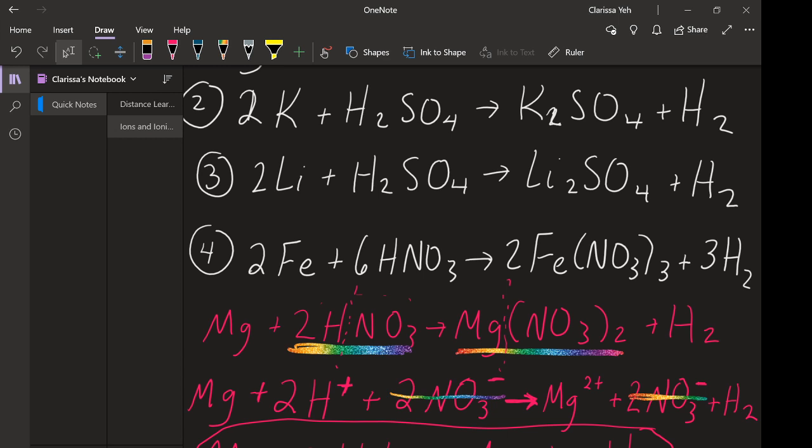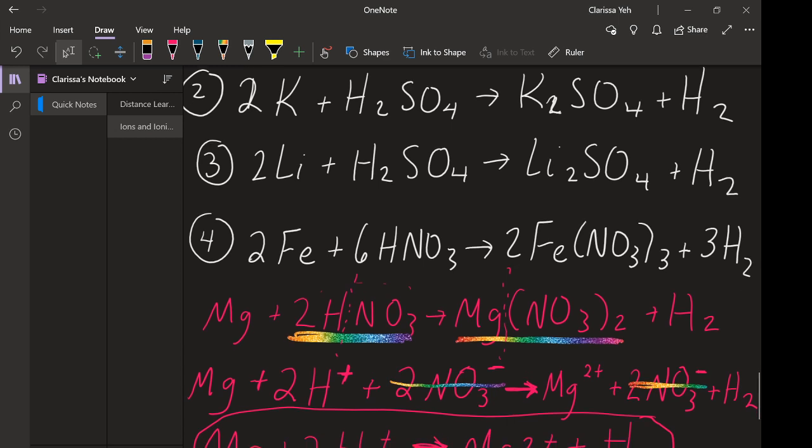So now try question 2. The goal is to at least maybe be able to get one correct. So think about what you're splitting up, the compounds. Split it up into its individual charges. Then cancel any ones that are the same on either side.